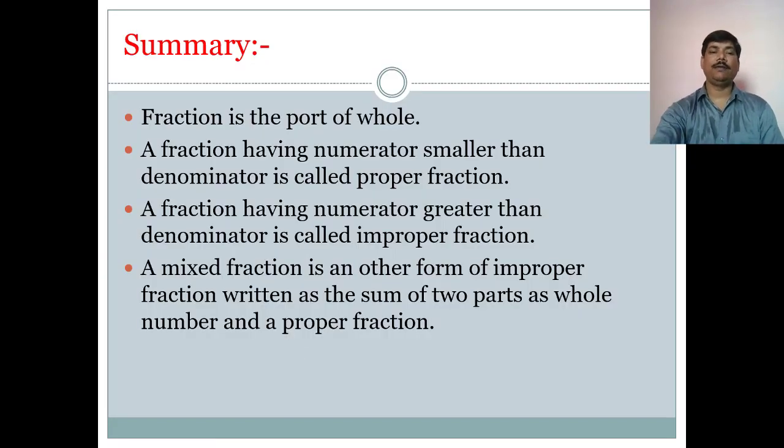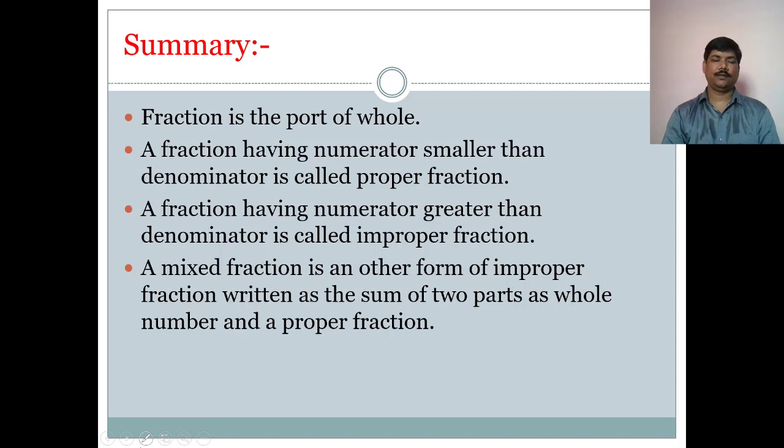In a nutshell, what have we learned? We have learned that a fraction is a part of a whole. Second, a fraction having a numerator smaller than the denominator is called a proper fraction.